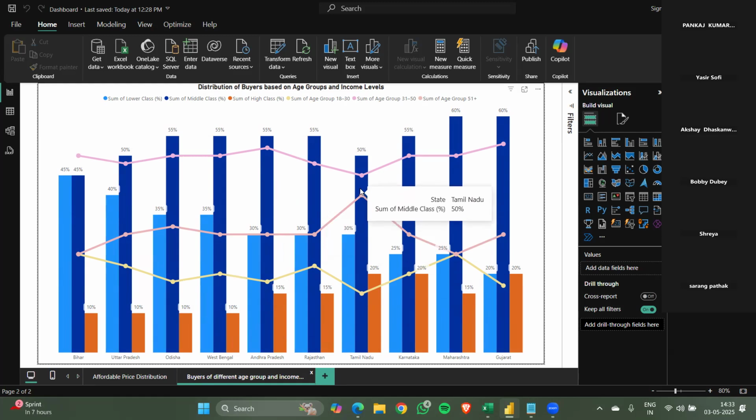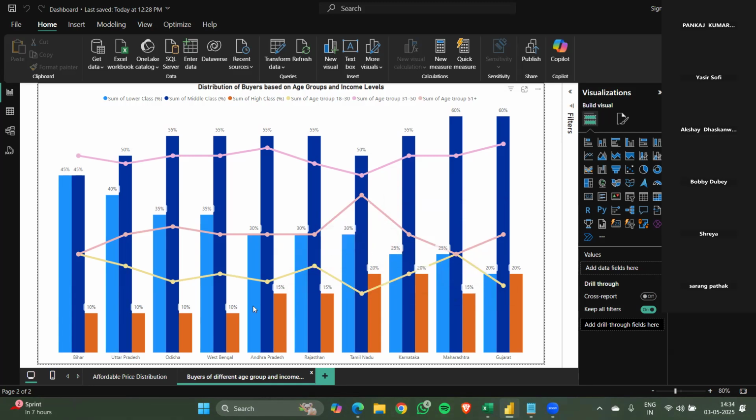The most elderly people were majorly the ones buying sarees in Tamil Nadu. Same for example in Gujarat, the sari buyers majorly were from the middle class and not from the high class, which we sometimes expect.